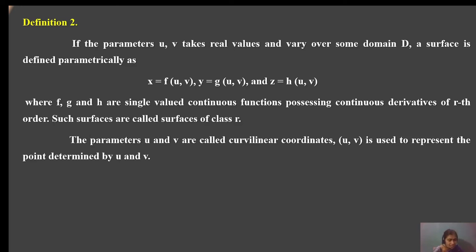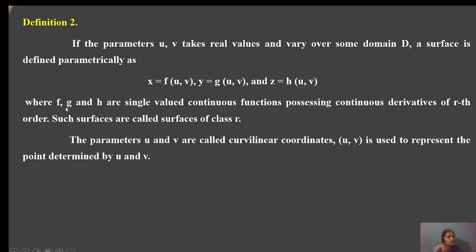The x is given as a function f(u, v) of parameters with real values, y is g(u, v) with real values, and z is h(u, v) with real values, over some domain, parametrically represented as x equals f(u, v), y equals g(u, v) and z equals h(u, v).